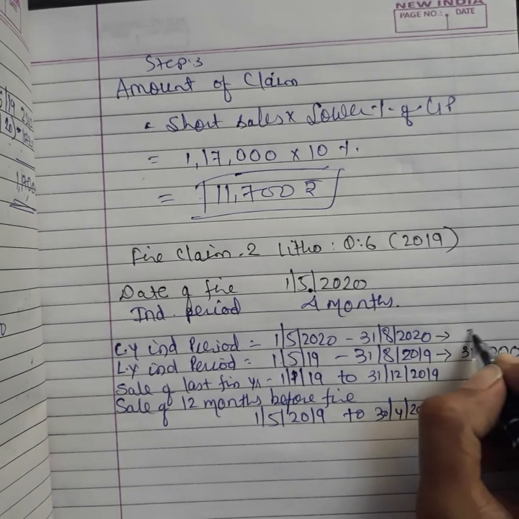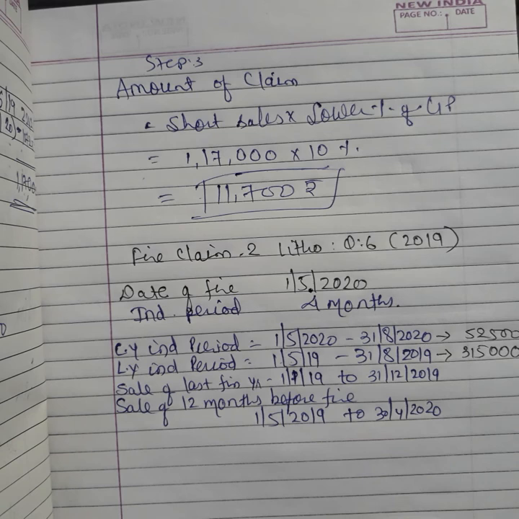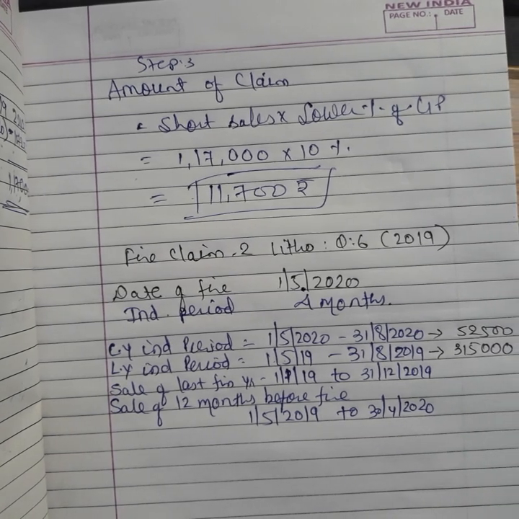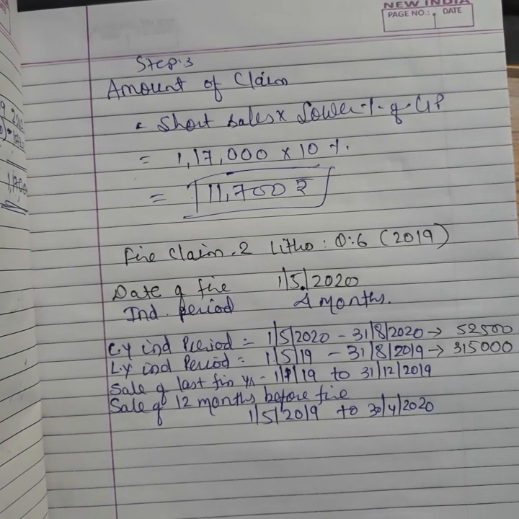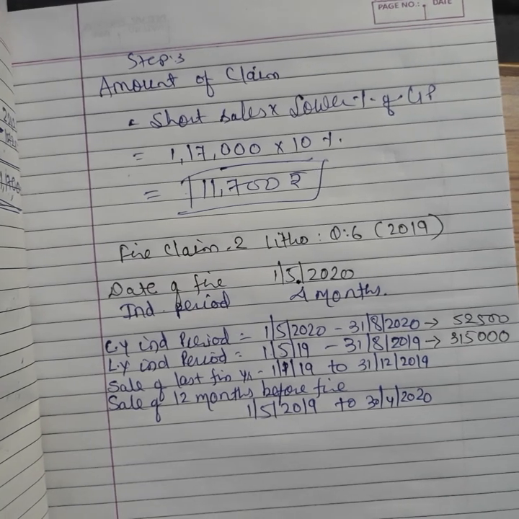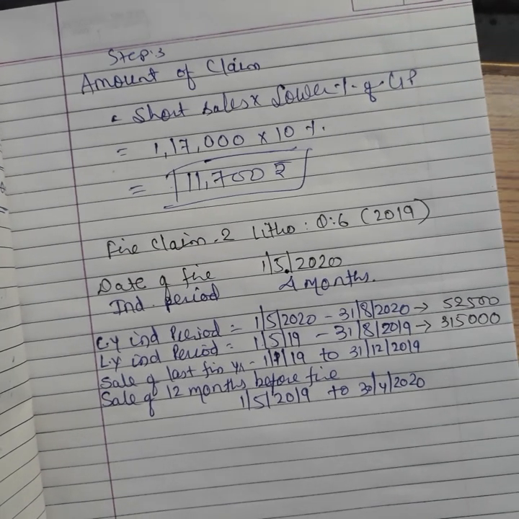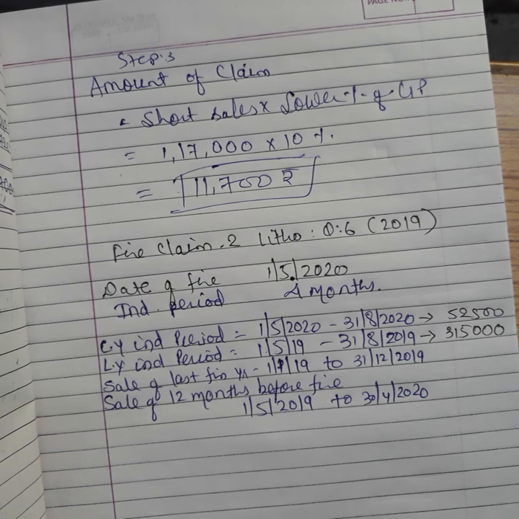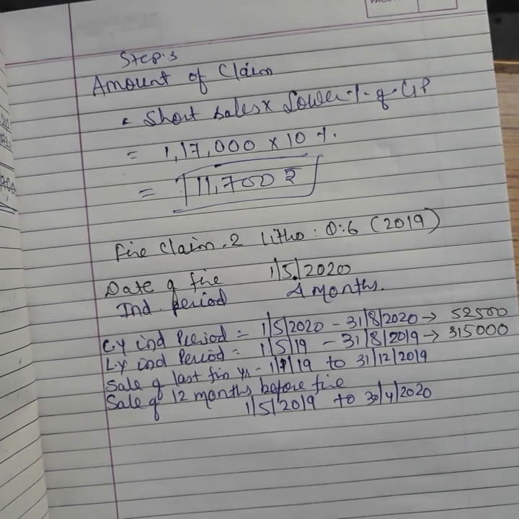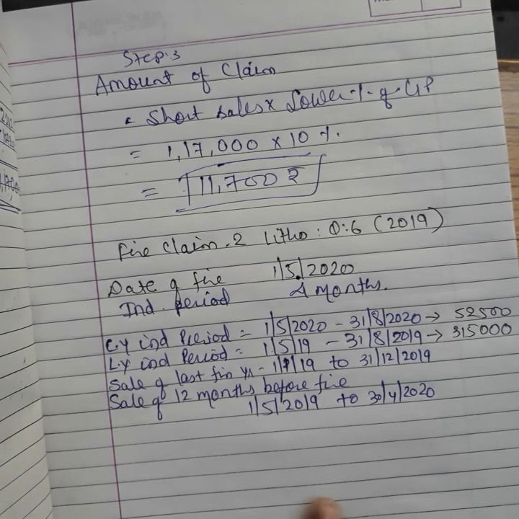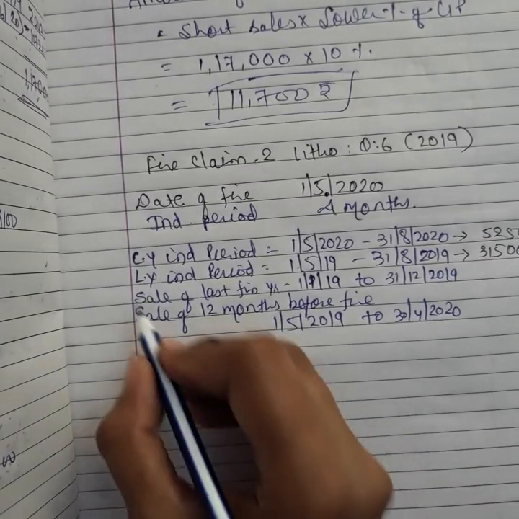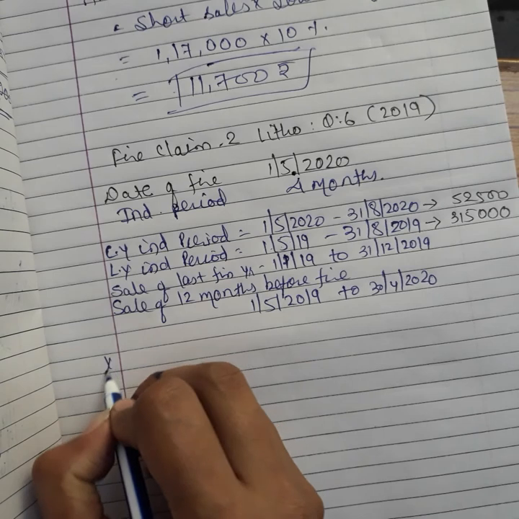So current year indemnity sales is also given 52,500. So now all the other sales must be found out, which are given in the brackets. So let us find out that. Firstly we will find out sale of last financial year.